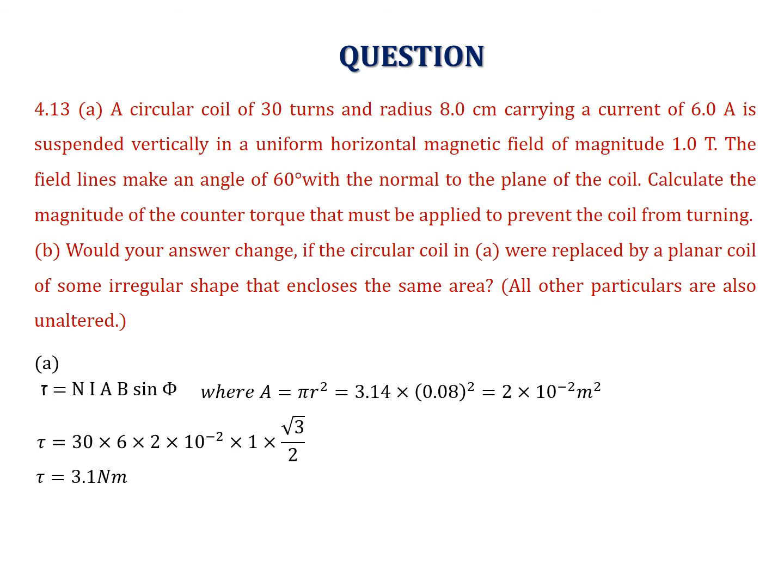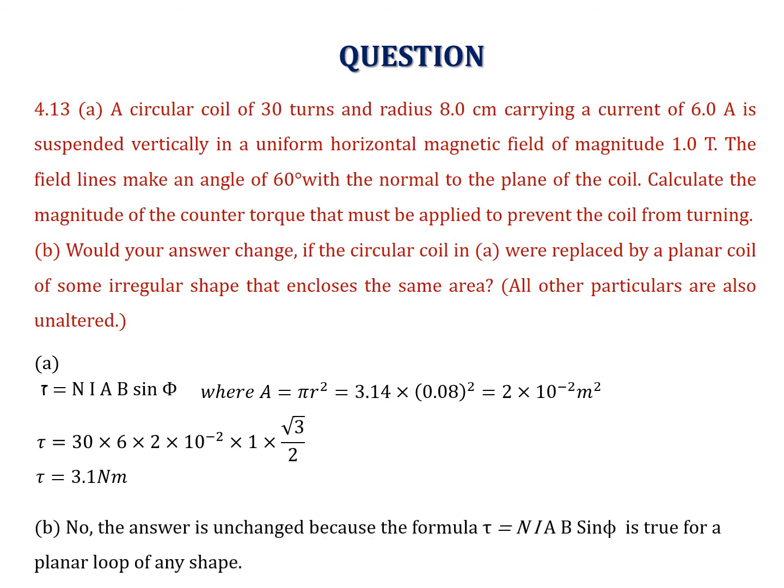For the B part, the answer will not change because torque depends upon area, but it does not depend upon the shape of the loop. It depends upon the area of the loop, and hence the answer will not change if the loop is replaced by another loop that encloses the same area, though its shape may be different.